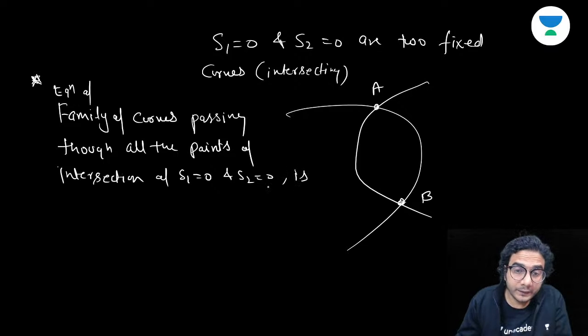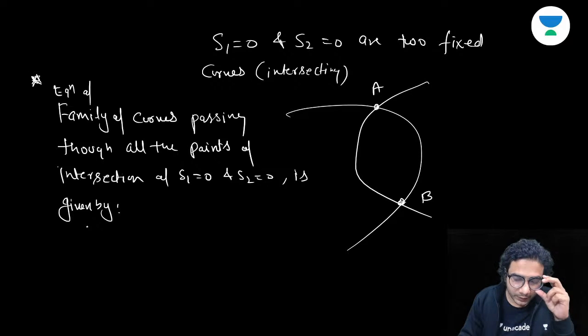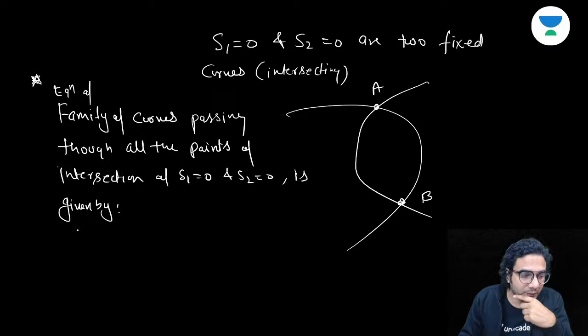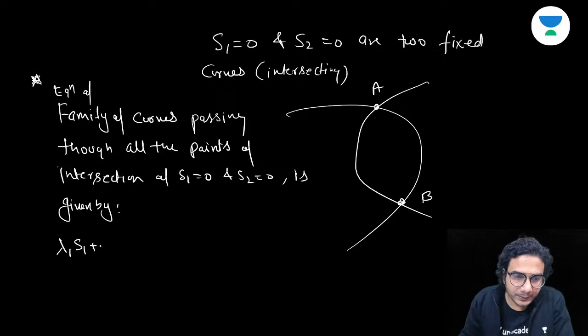Can you tell me now what this is? The equation of the family of curves passing through the points of intersection of S1 is equal to 0 and S2 is equal to 0 is written as lambda 1 S1 plus lambda 2 S2 is equal to 0, where lambda 1 and lambda 2 belong to the real numbers.